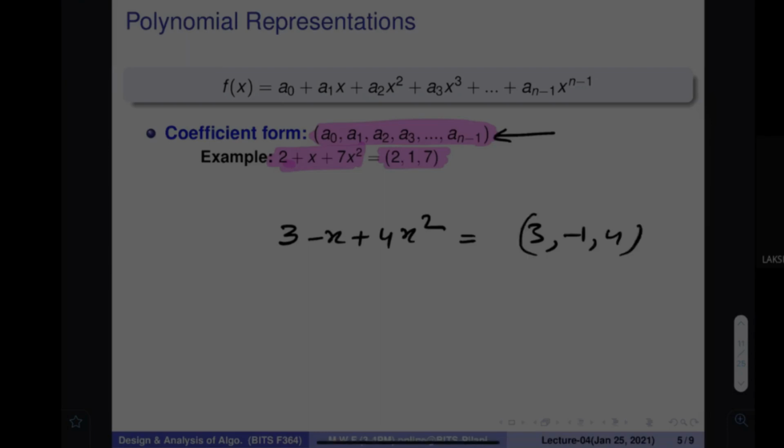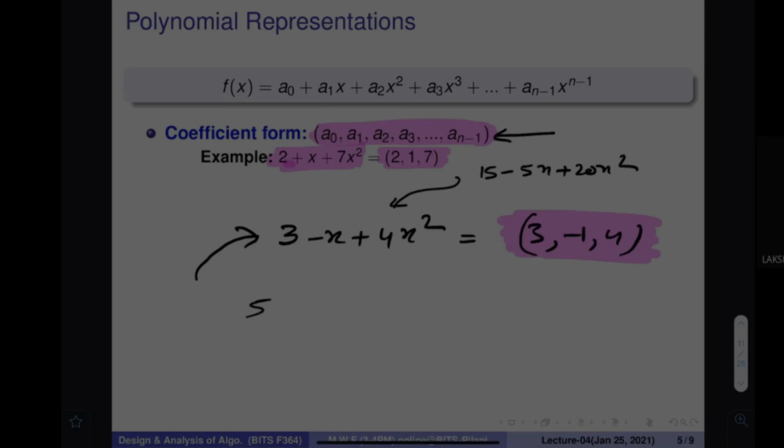So if I want to multiply this particular polynomial with 5, because in my computer now this is the representation. I don't know about that particular thing, but you know in the back of your mind that if it is multiplied by 5, it becomes 15 minus 5x plus 20x square.